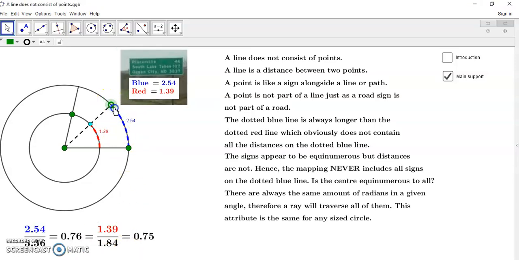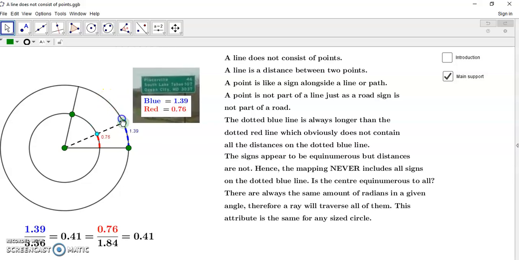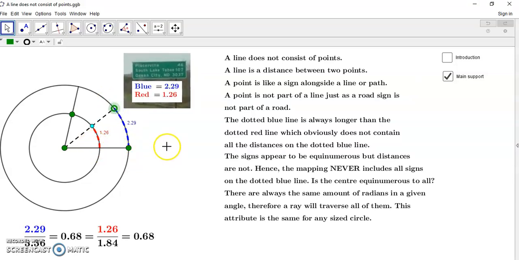Okay, so it's a fallacy that there is equinumerosity between this magnitude or this distance and this distance, because there are distances always on this distance that are not found on the red distance.